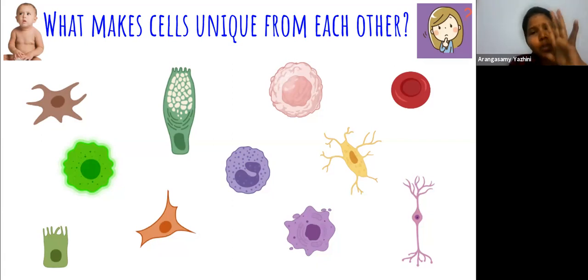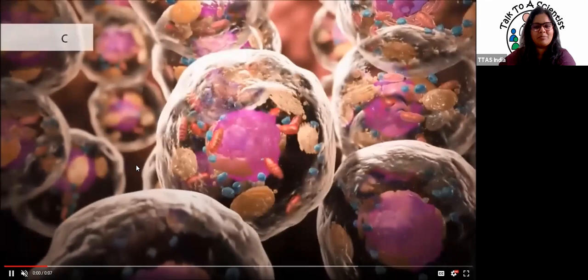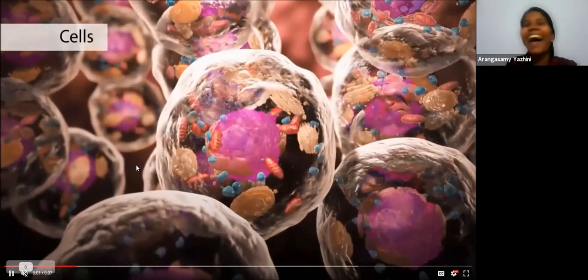Outside, we see differences visually based on shape and function. To understand that, it is better to look into the cells inside. In the chat window, there are already people saying it's the DNA. Yes, absolutely. They are actually going to test me.